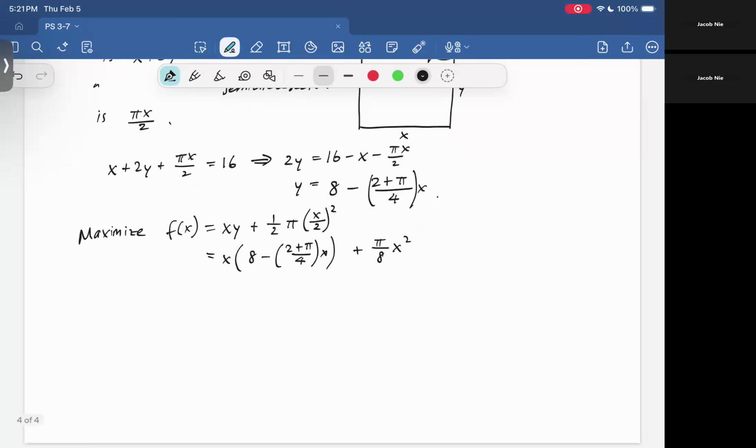Right? So expanding this a little more is going to give us 8x plus pi over 8 minus 2 plus pi over 4 x squared, I believe.